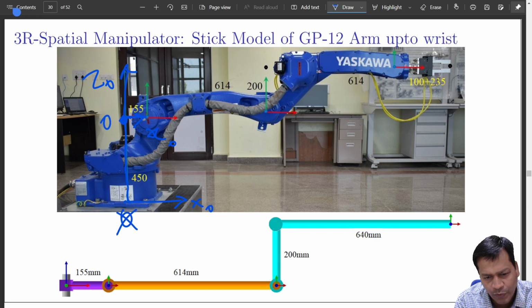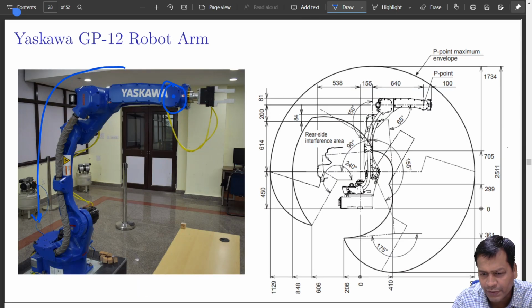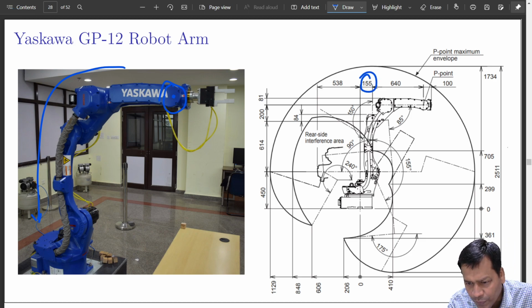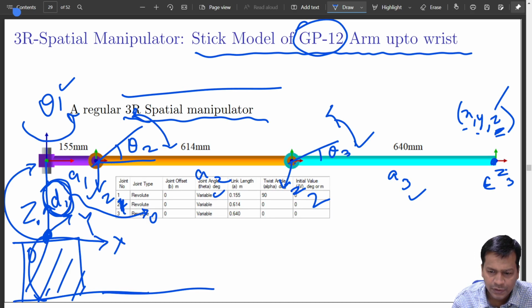So this is your first link length A1, which is equal to 155. If you see my data sheet, it comes very much over here, where this is 155. It is the distance between the first vertical axis and the next horizontal axis. So this is Z0, this is Z1.